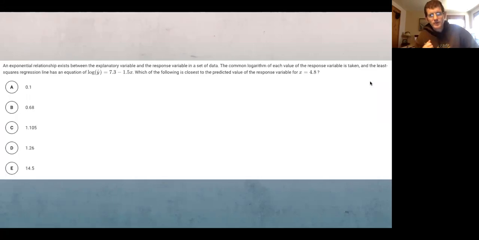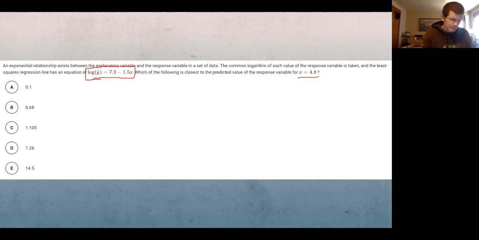This was a pretty straightforward one. In fact, it's pretty much what our bell work was yesterday, but maybe it's worth seeing it one more time. I'm not necessarily going to read every problem, but just quickly glancing at this, you can tell that they give us an X value, they give us a re-expressed linear regression line equation, and what we want to do is find the predicted value.